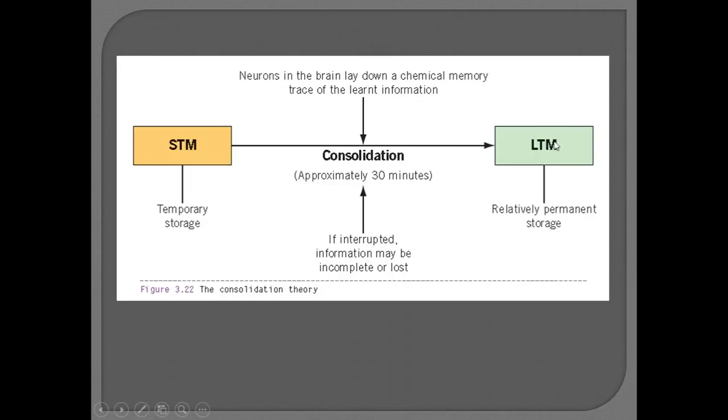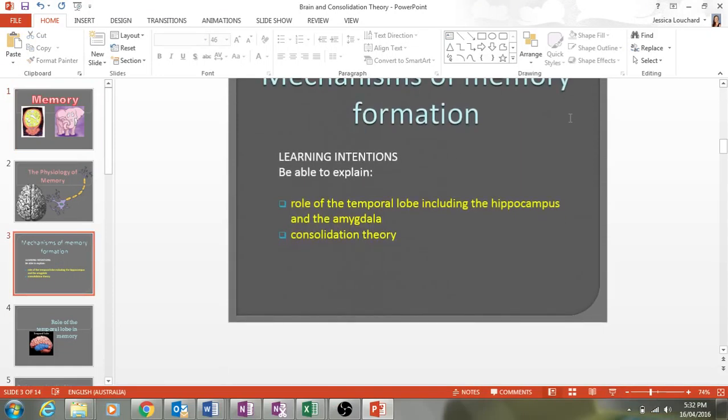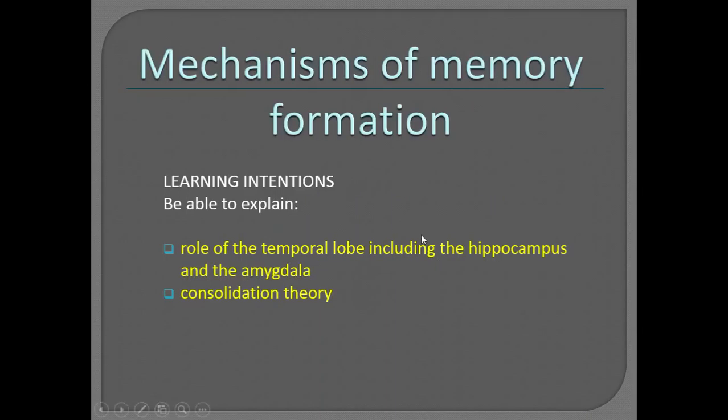It takes approximately 30 minutes for this to happen, for it to be stored in long-term memory. And if we interrupt that, then obviously that information can be lost. Hopefully that information makes sense. The three parts of the brain you need to know about and their roles, and what the consolidation theory is.